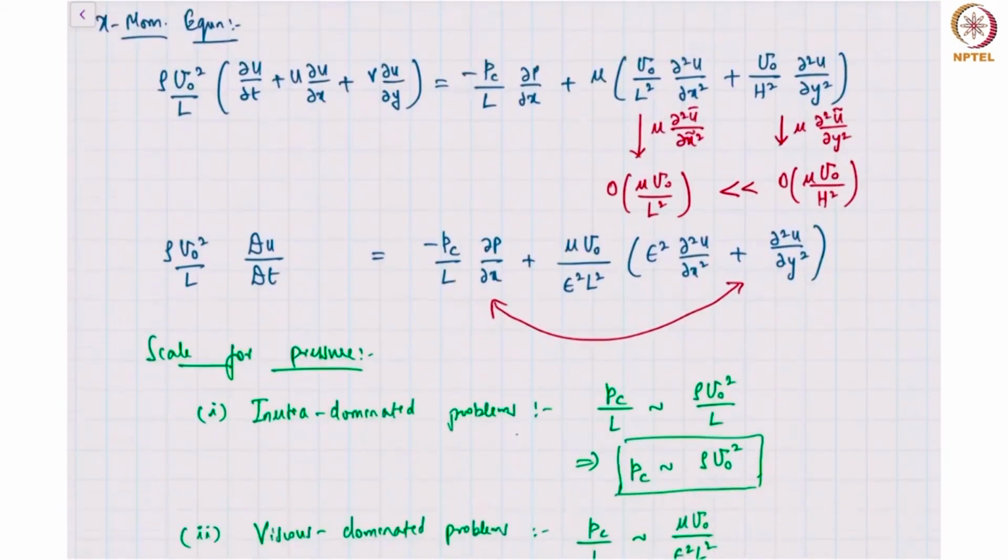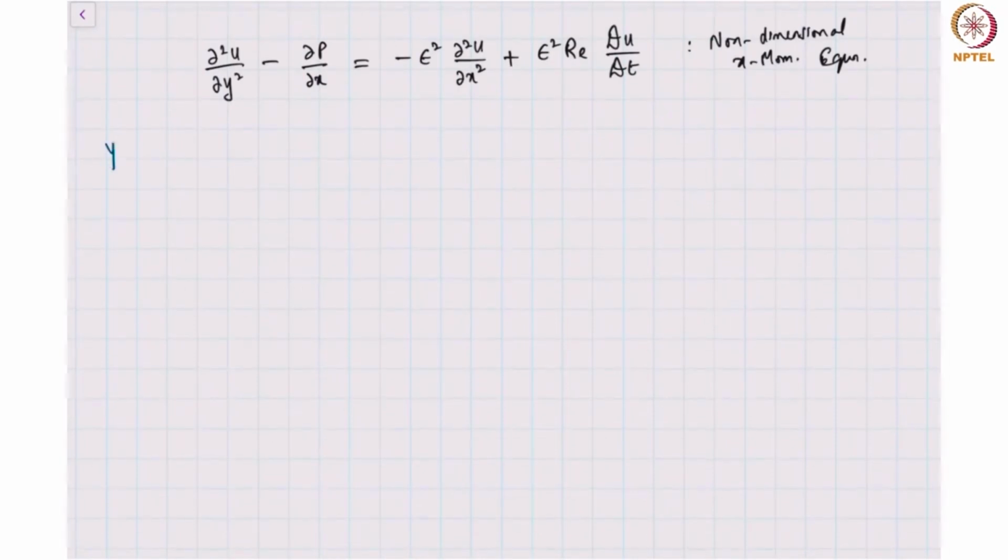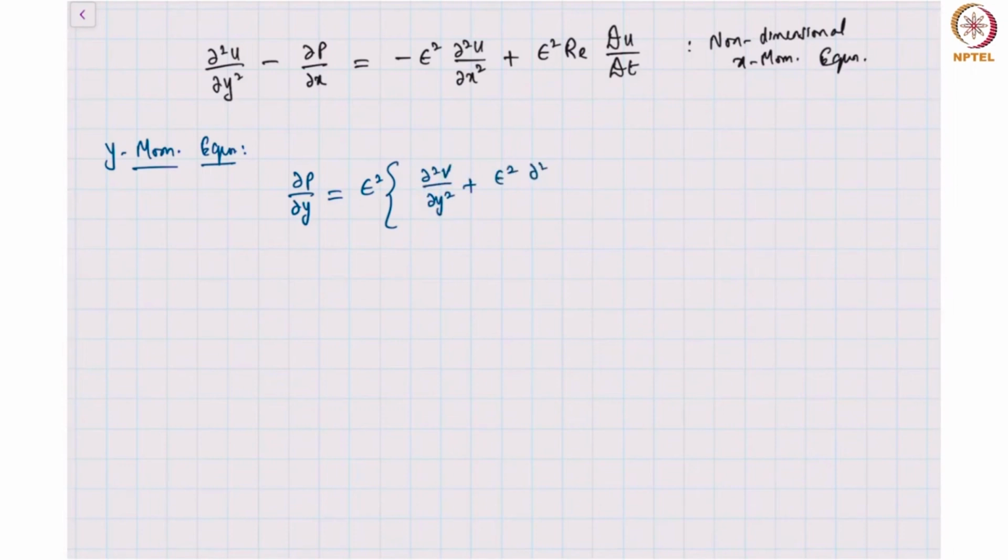Now if we do this analysis, I'm not going to derive this step by step, but if you were to do this, then you will get epsilon square, that's the viscous term, and then we are going to get epsilon Reynolds.